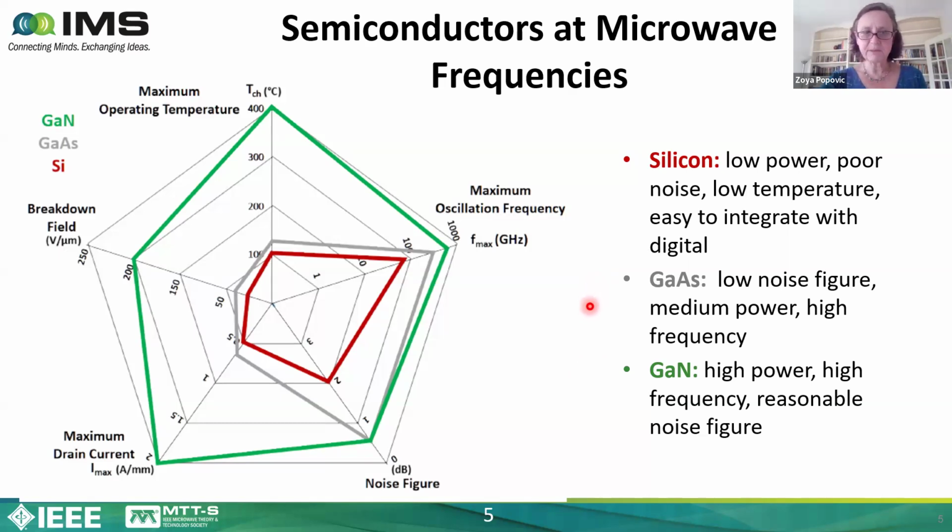It gives medium powers, and overall, it's a good semiconductor. It's quite a mature technology. It's not terribly expensive. And then gallium nitride has emerged as the powerhorse. It can handle very high temperatures and extremely high breakdown fields, so that means it can give very high output power, and is reasonably good in other performance metrics as well.